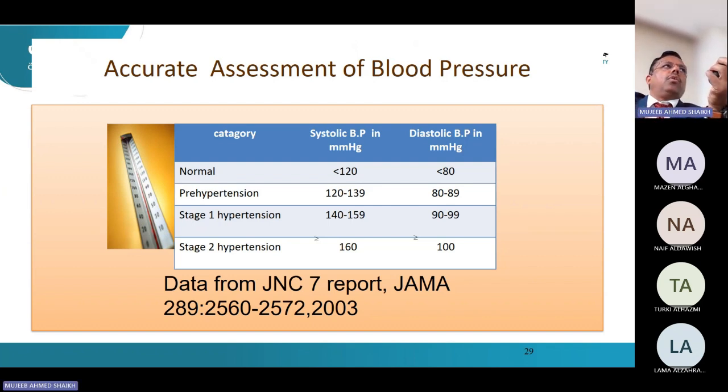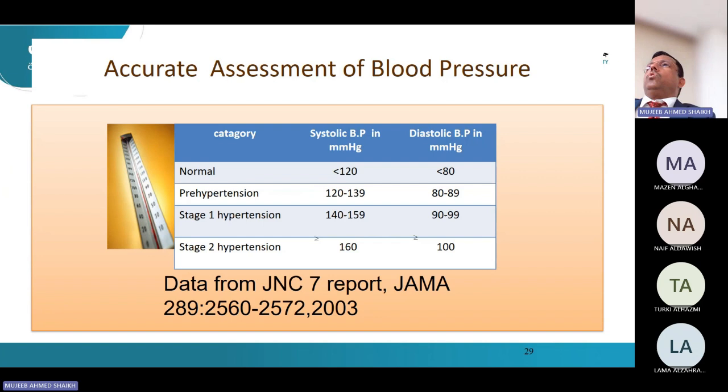The Society for the Cardiovascular System has decided not only to give hypotension and hypertension, but they describe hypertension in stages. Anything systolic less than 120, they say is normal blood pressure. Between 120 to 139, although it is normal range, they say it is pre-hypertension.